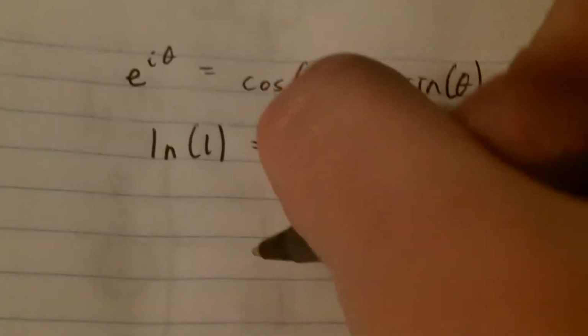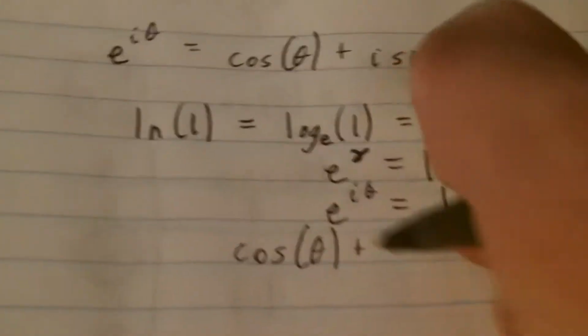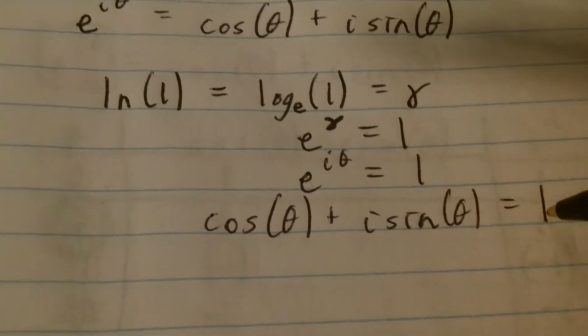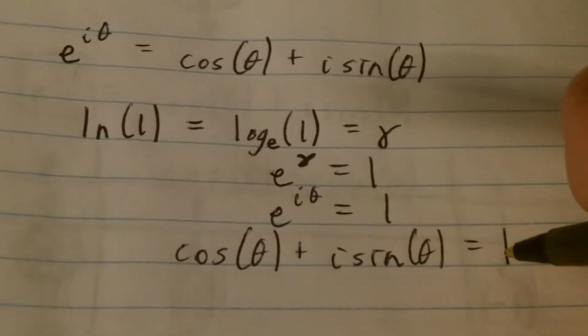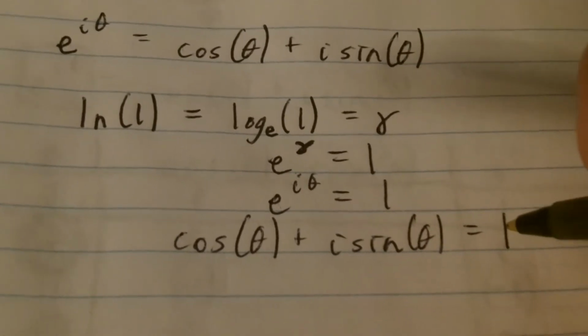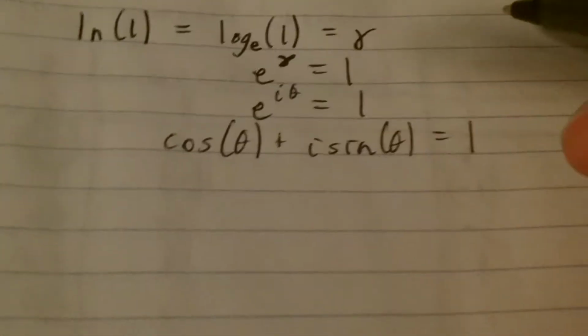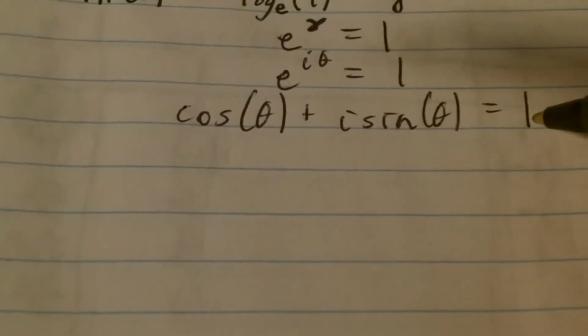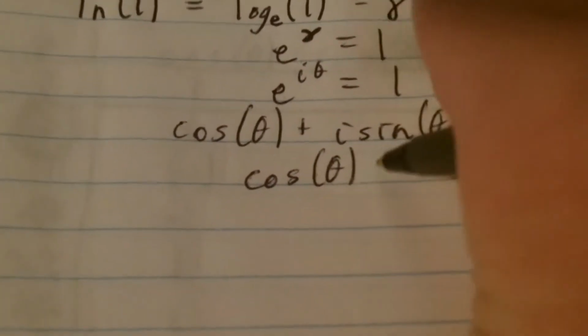Through substitution, we want cosine theta plus i sine theta to equal 1. What I conclude is that we want cosine theta to equal 1 and sine theta to equal 0. At least that is one way of solving this equation.